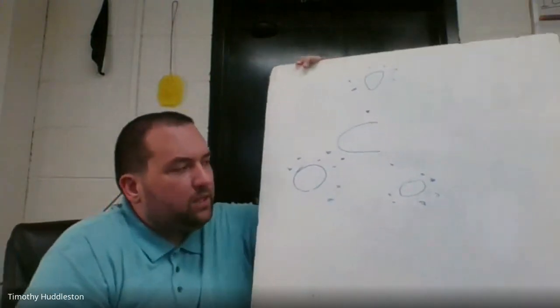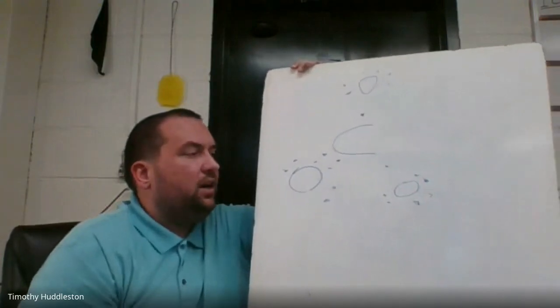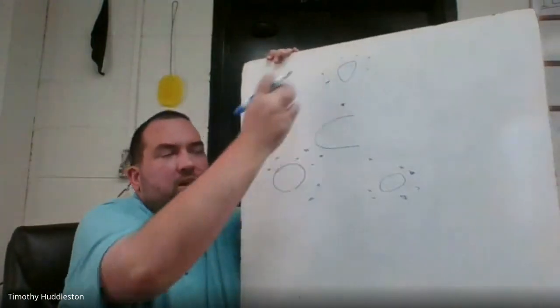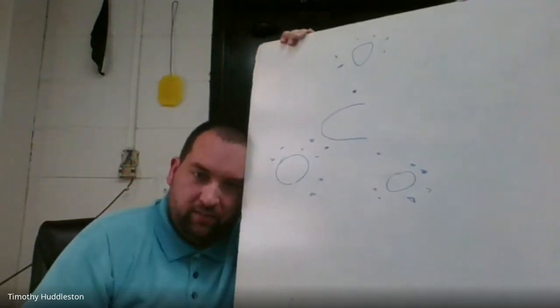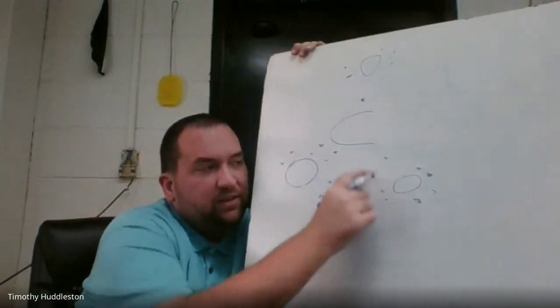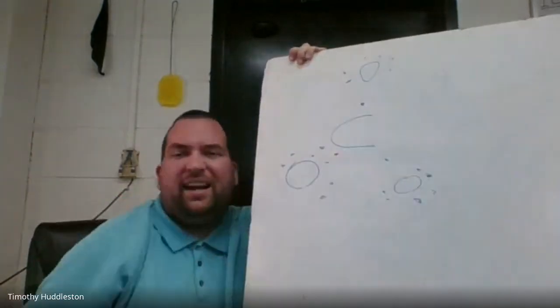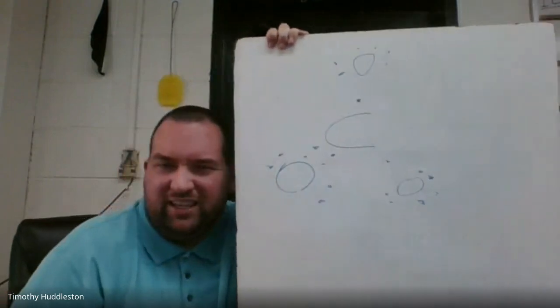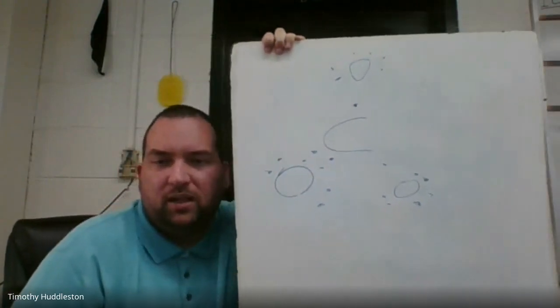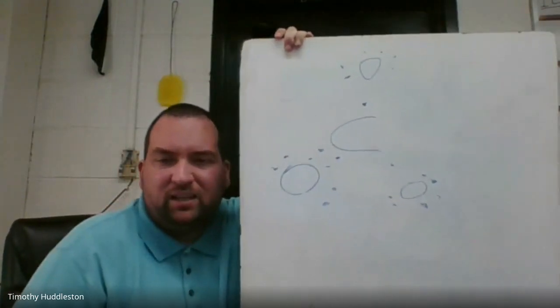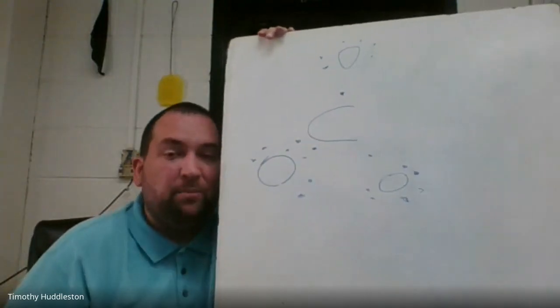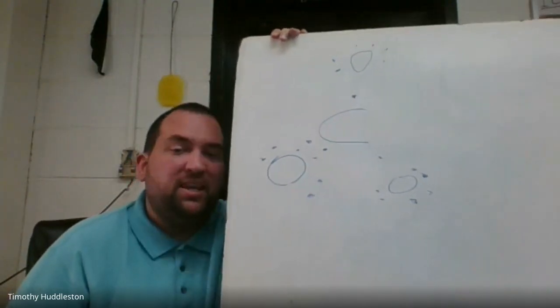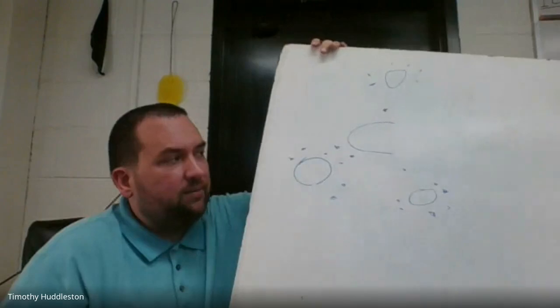Okay, so you're going to notice that this O and this O are short of an electron. If you count them up, I only have 7 here, and I only have 7 there. I shouldn't have any odd numbers of electrons. That's a dead giveaway that something's wrong, because electrons always have to appear in pairs. They should be even numbers, not odd numbers, okay?